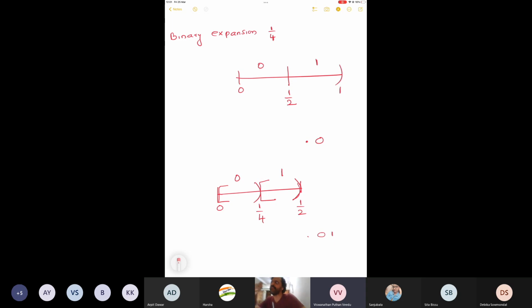Let me close with the following observation. Now you look at the Cantor set. You know how to construct the Cantor set by removal of the middle third interval.